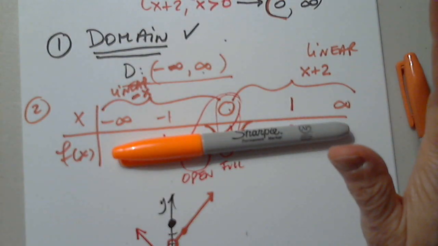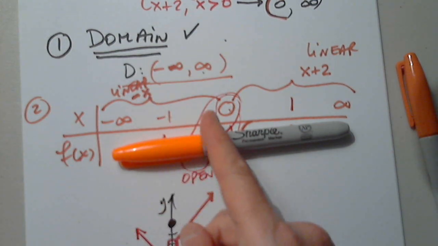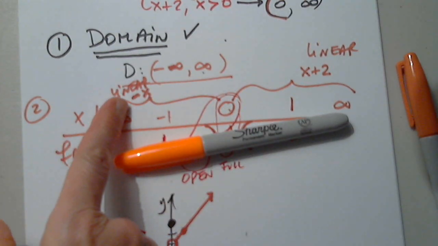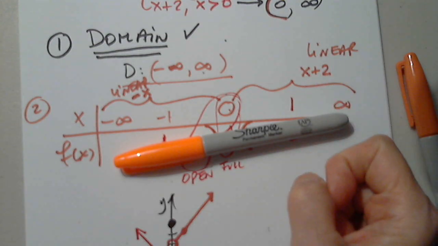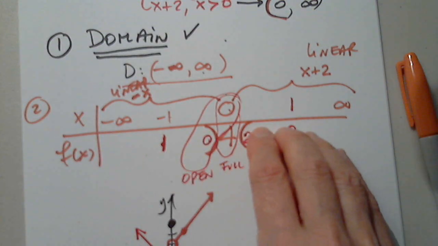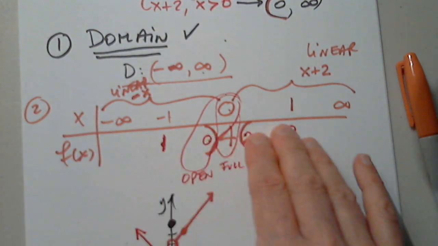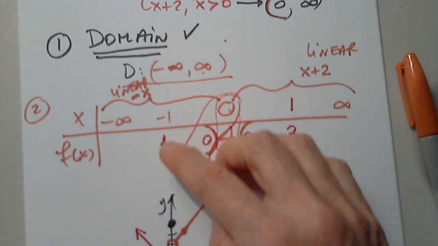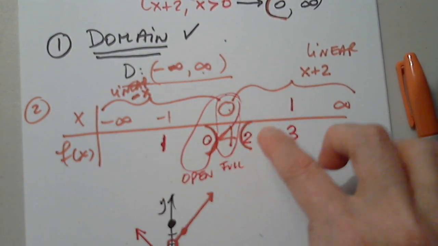We don't care. All we care about is we are plugging in values to the left of 0 in this function and to the right of 0 in this function. We don't care if they are in a particular order or not. We have to plot this. X, Y, X, Y, X, Y, X, Y, X, Y.